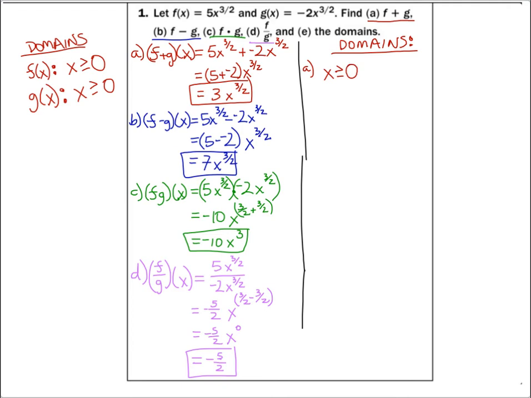Boom. For part B, where you were subtracting them, that's the same. X is greater than or equal to 0. And pro tip, the answers to domains for adding and subtracting, they're always going to be the same as each other. For part C, it's also x is greater than or equal to 0.